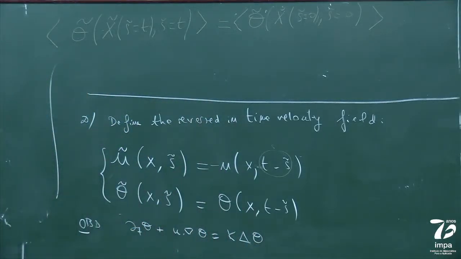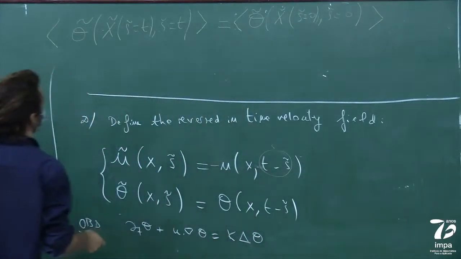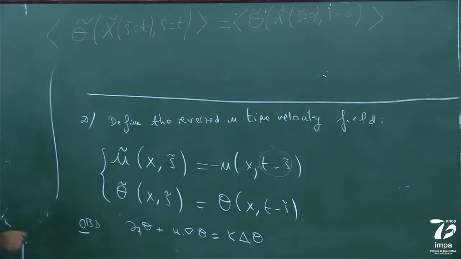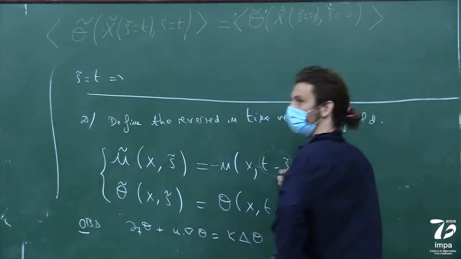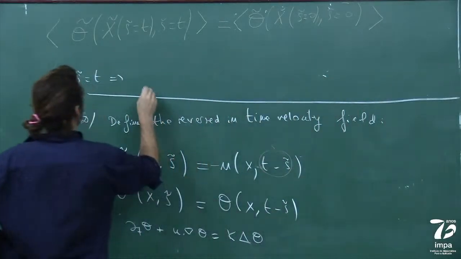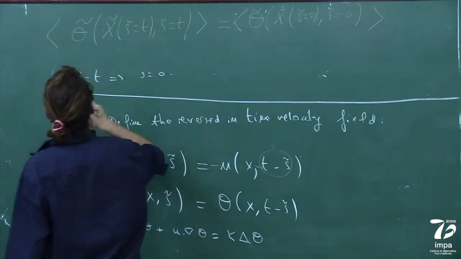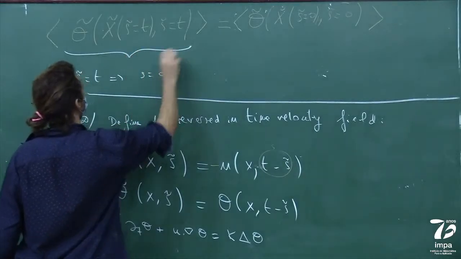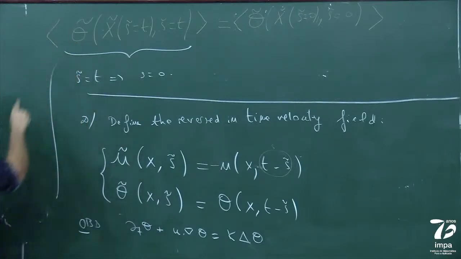Okay. And so what's happening at s tilde equal t? For s tilde equal t, this implies that s, the original time, is 0. So this piece here is nothing but the value of theta at time t equals 0.